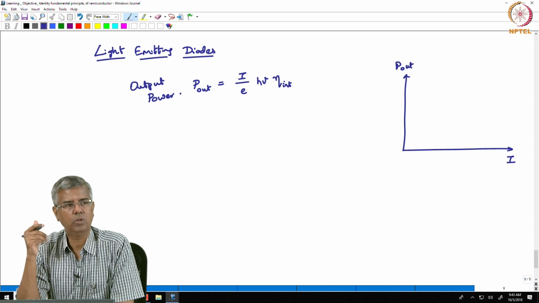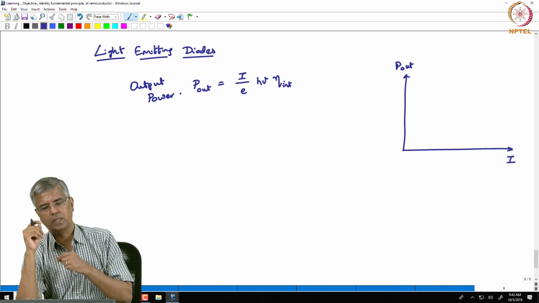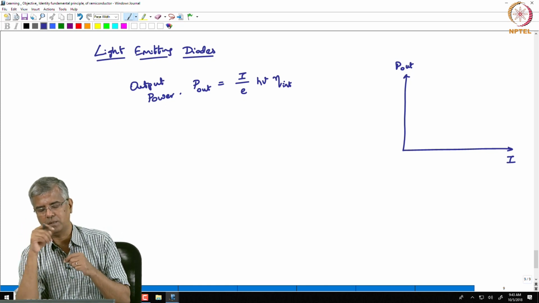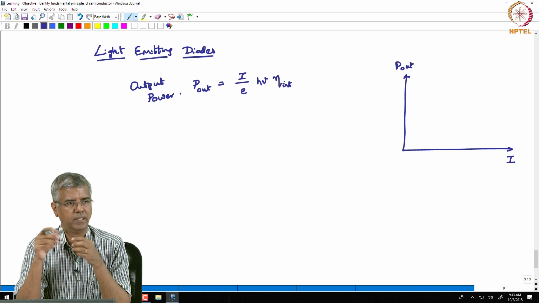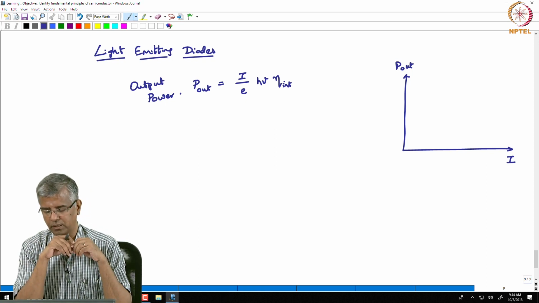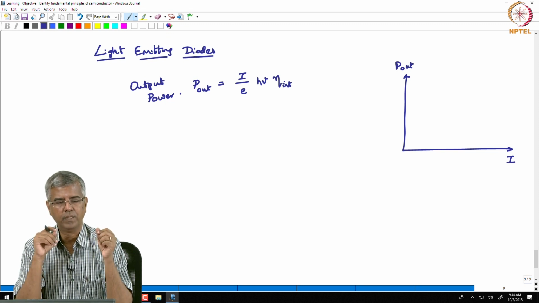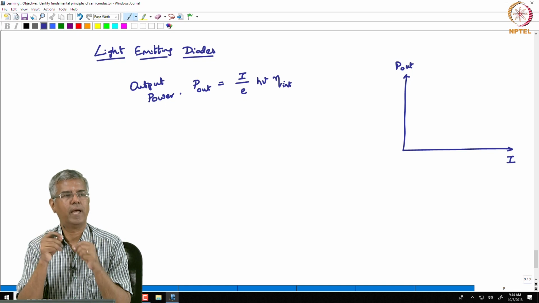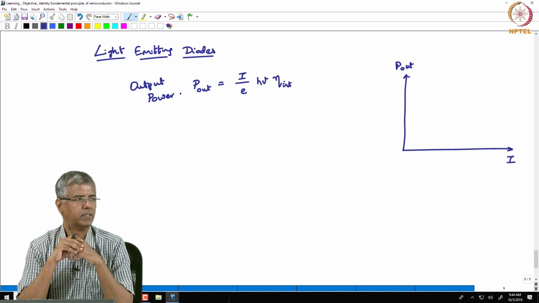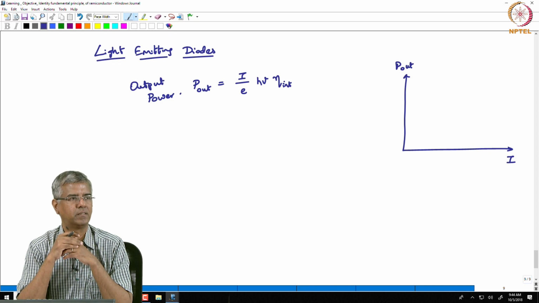Chances are low from the perspective of recombination of an electron with a hole and not emitting a photon, but nevertheless you could have these electrons colliding with each other, because the carrier density is very high in this region.